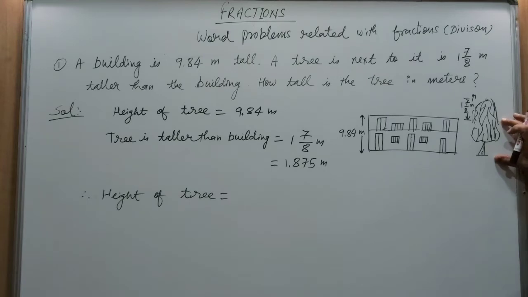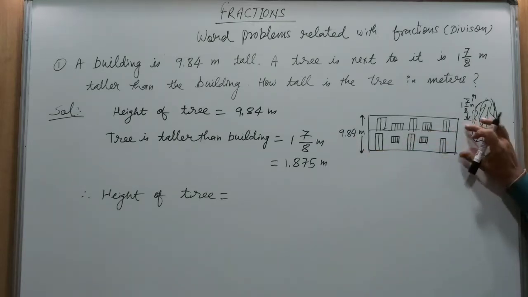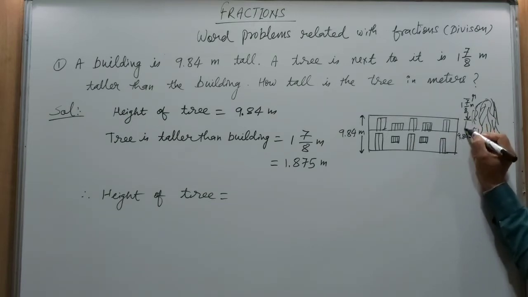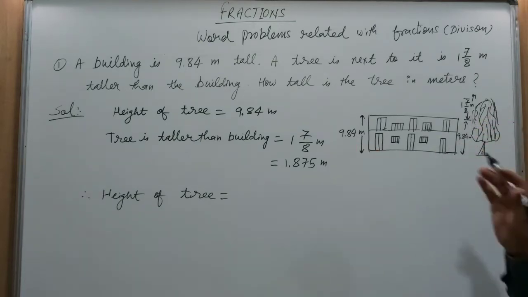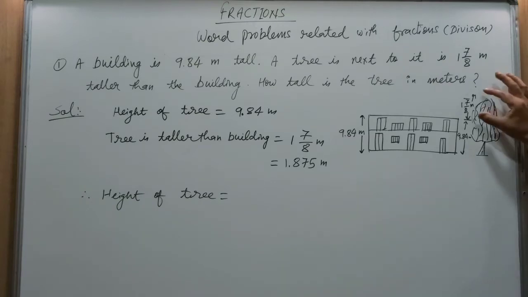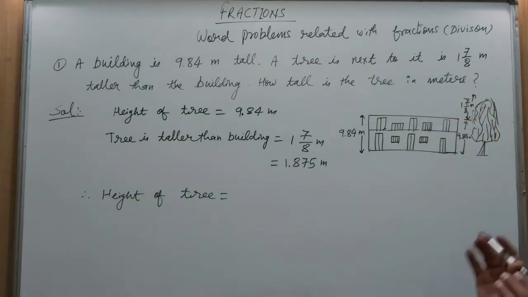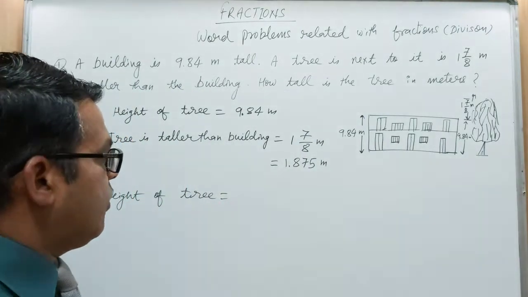If we add both distances, that is the height of the building and the distance in meters by which the tree is taller than the building, we can easily find the height of this tree.